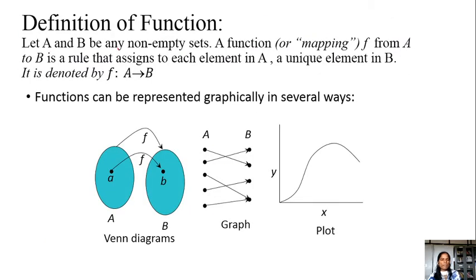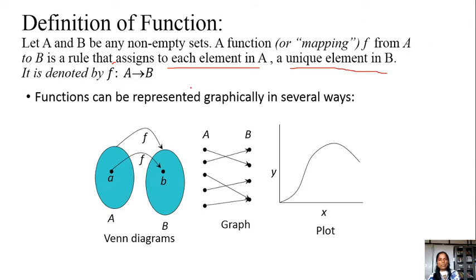Let capital A and capital B be non-empty sets. A function, also called a map or mapping, is denoted by small f. A function f from set A to set B is a rule that assigns to each element in set A a unique element in set B. This is important.